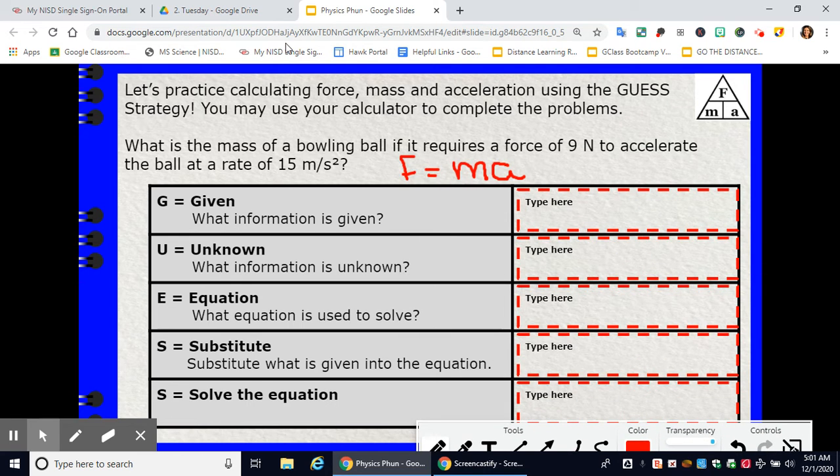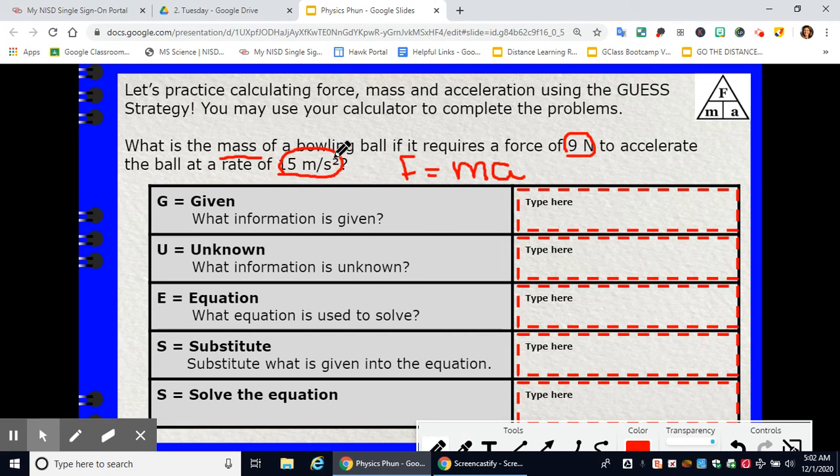Let's have a look at our question here. It's asking us, what is the mass of a bowling ball if it requires a force of 9 newtons to accelerate the ball at a rate of 15 meters per second squared?